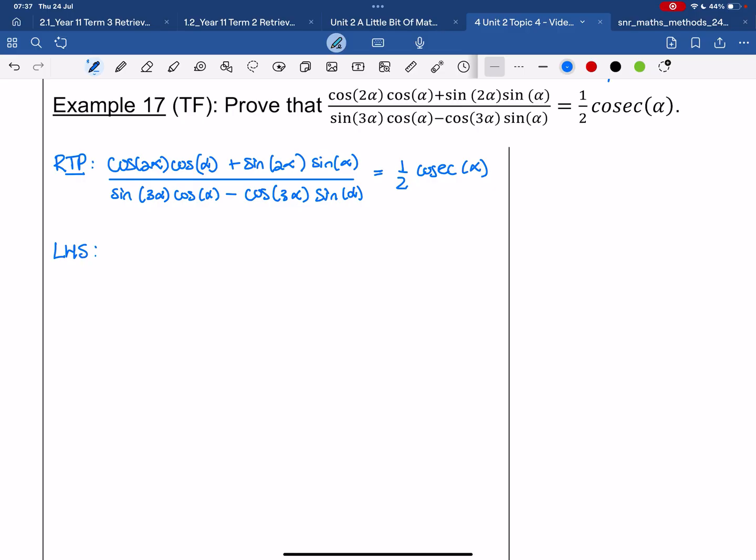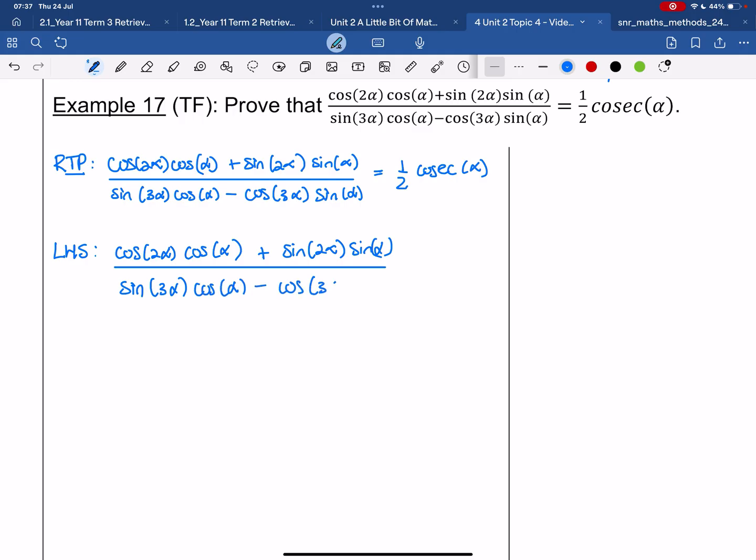So all I'm looking at now is cos of 2 alpha cos of alpha plus sine of 2 alpha sine of alpha over sine of 3 alpha cos of alpha minus cos of 3 alpha sine of alpha.